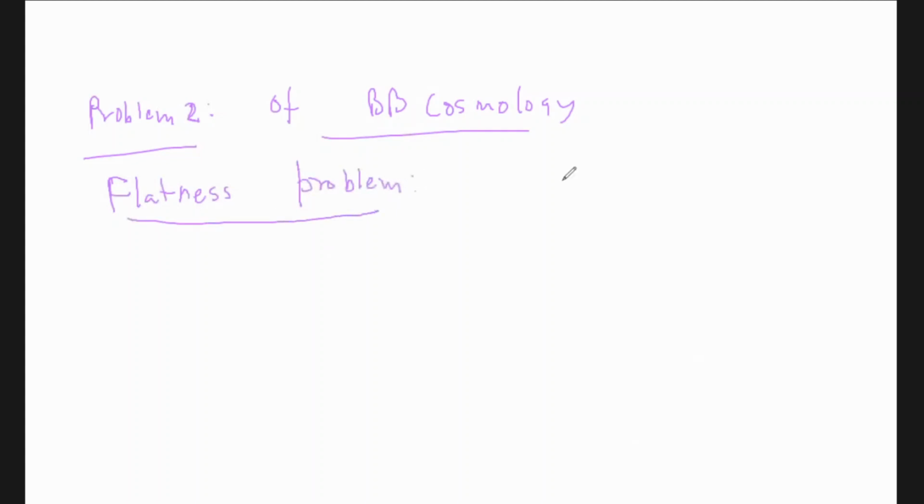It is related to the value of k equals 0. We told you that our universe is flat from observation. I'll now explain the observation, that this has a problem with the Friedman equation.